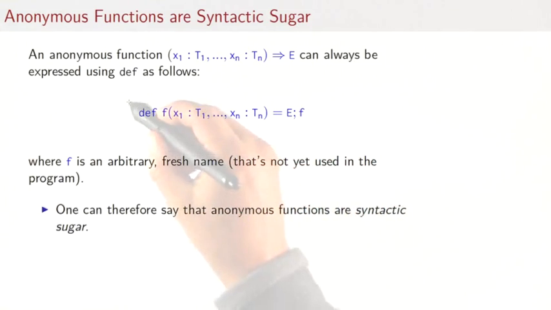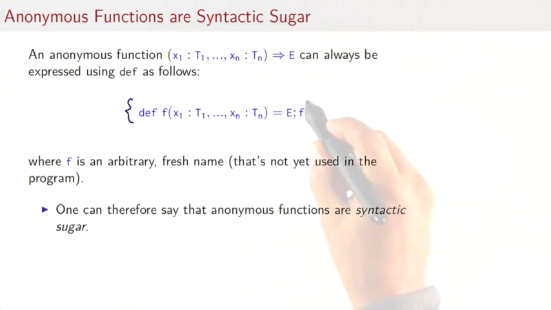Sometimes you might have to write the expression in a block so that the name doesn't get confused with something else. Because we can always rewrite anonymous functions, we can therefore say that they are syntactic sugar. They make writing functions sometimes easier, but they're not essential in the sense that they do not add anything to the fundamental expressive power of the language.